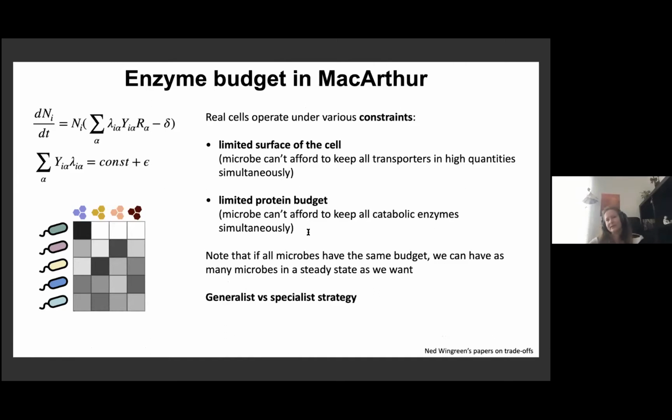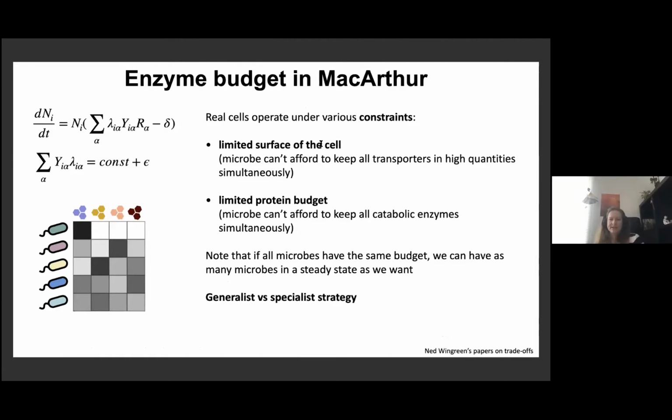Another important thing that people typically discuss in MacArthur is that those parameters should not be independent. And why is it like that? Well, first of all, this uptake flux has a practical limitation that comes from the following thing.